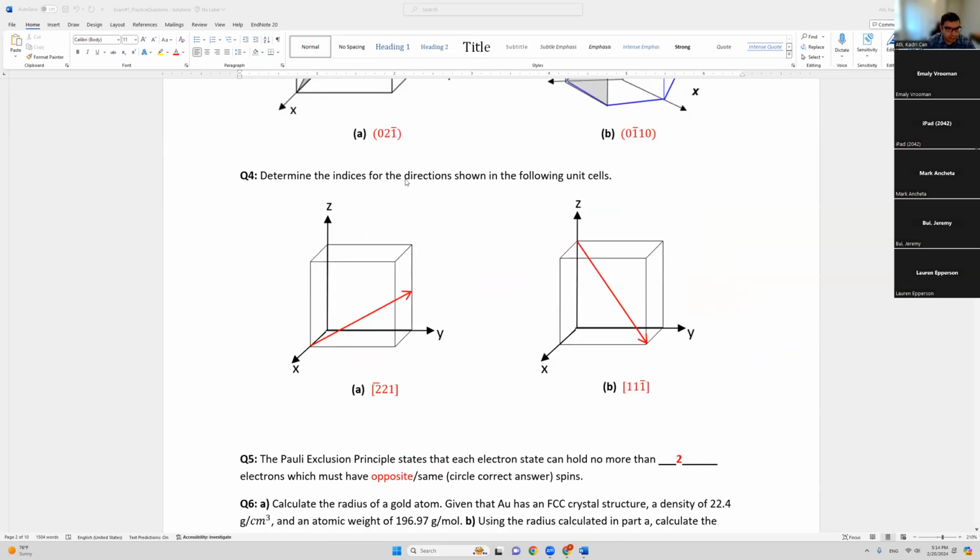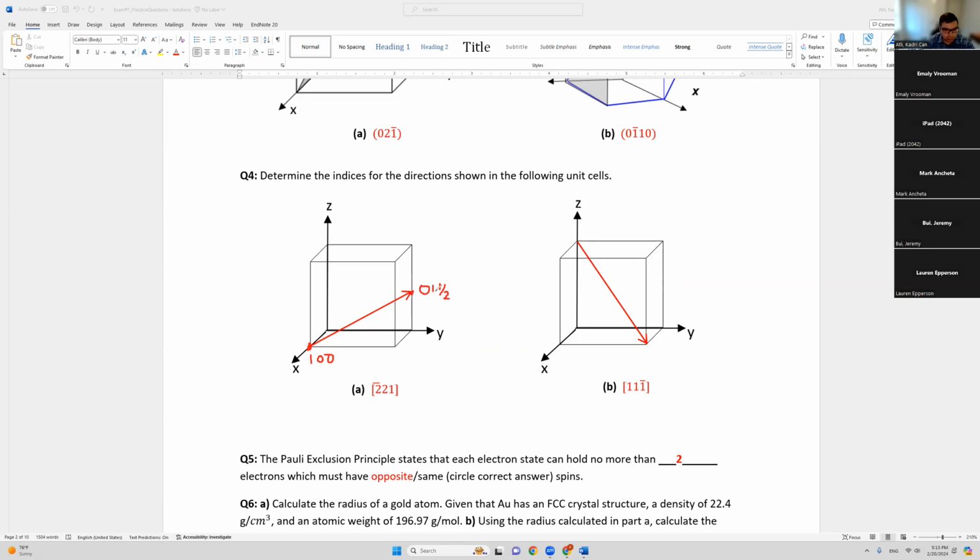Determine the indices for the direction shown in the following unit cells. Remember from the slides, the way we do this is we write the coordinates. And this is 1, 0, 0, right? This point. And this point is what? 0, 1, and 1 over 2, right?